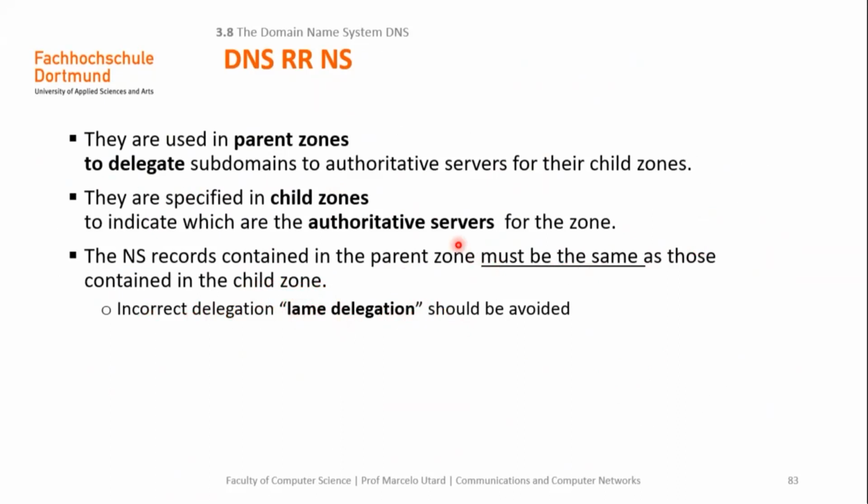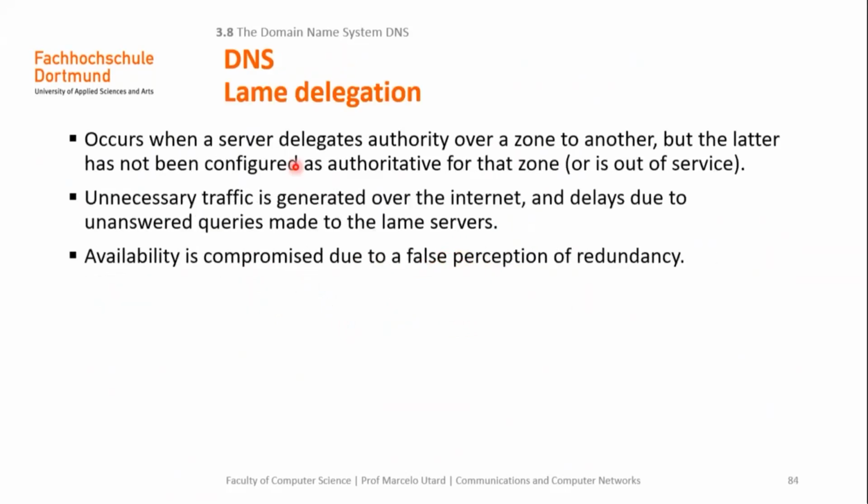That is, remember that the NS glue records that we need in the parent zone must be the same as those contained in the child zone. Then remember, lame delegation occurs when a server delegates authority over a zone to another, but the latter has not been configured as authoritative for that zone or is out of service.